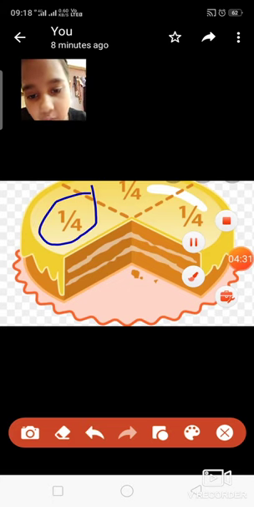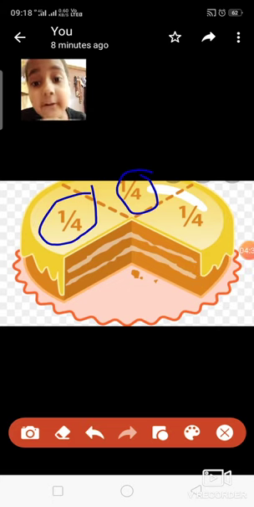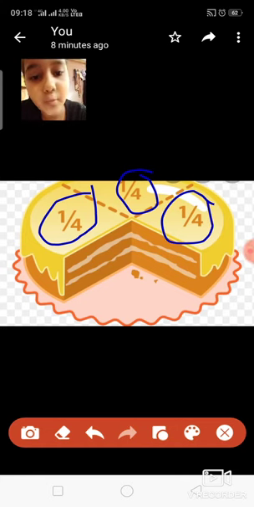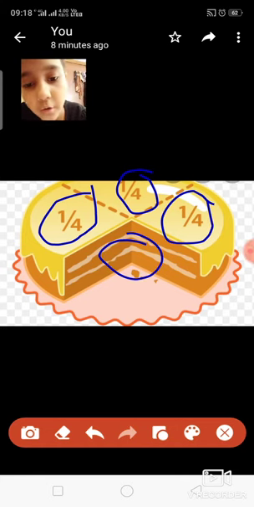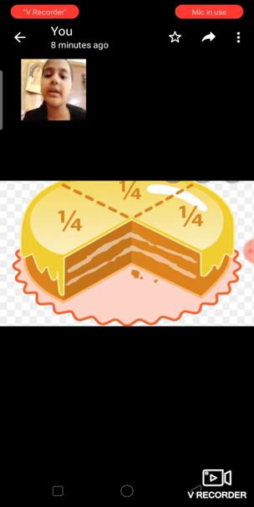Every piece is 1/4. If it is in 3 pieces like this, then each piece will be 1/3. So I think it will be clear to you.